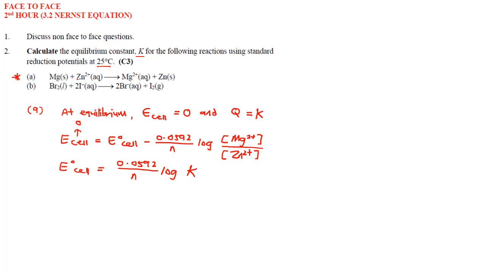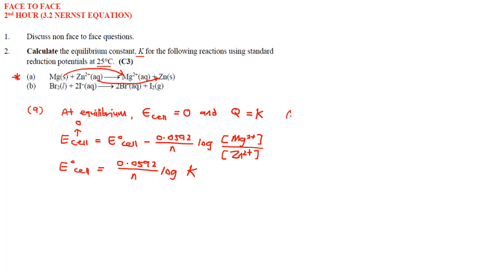So from the overall equation, what do you see? Magnesium undergoes oxidation, so magnesium is our anode, and zinc undergoes reduction, which means zinc is our cathode.